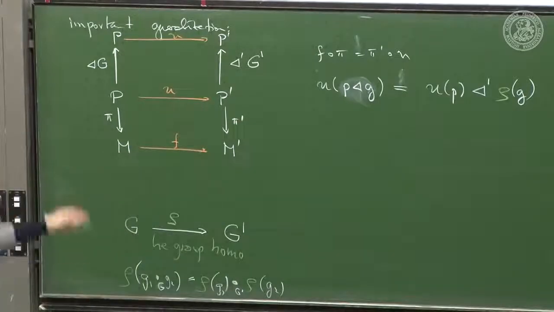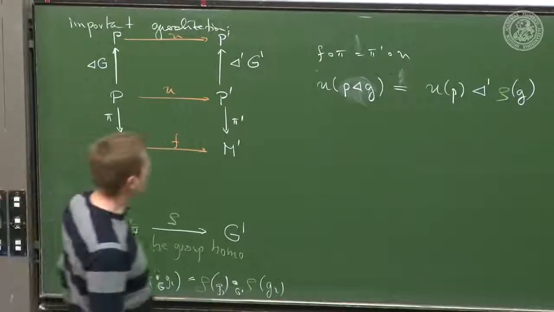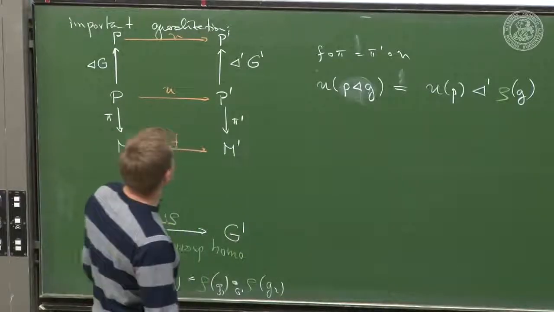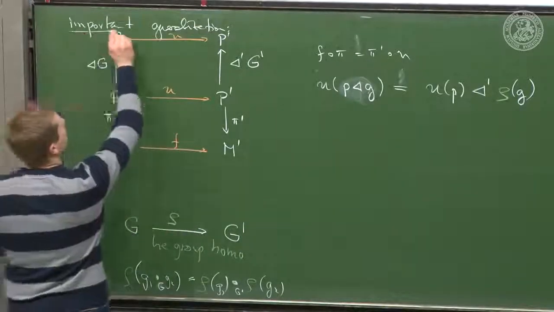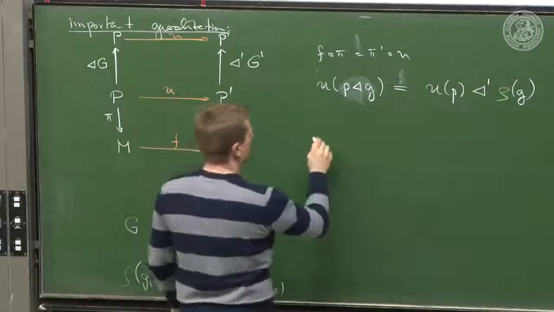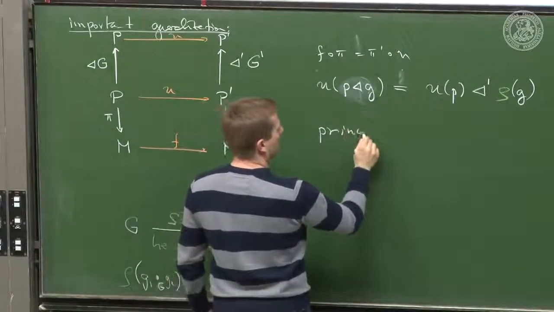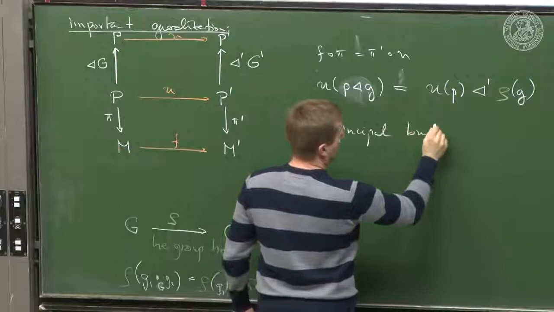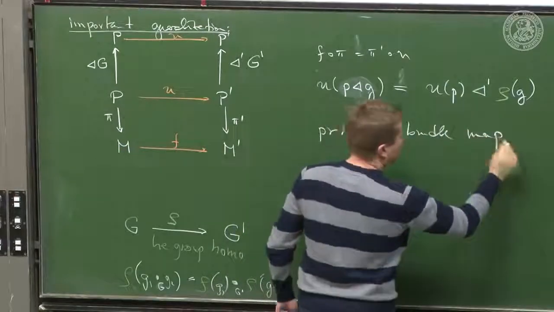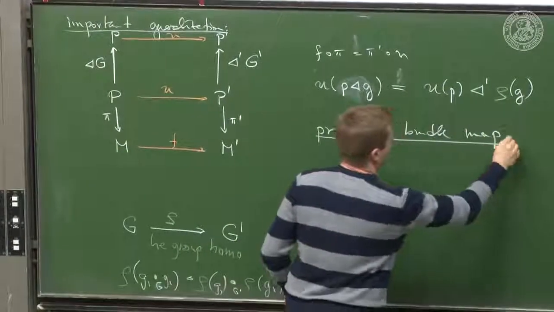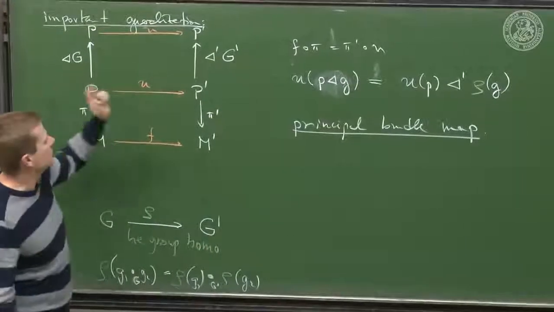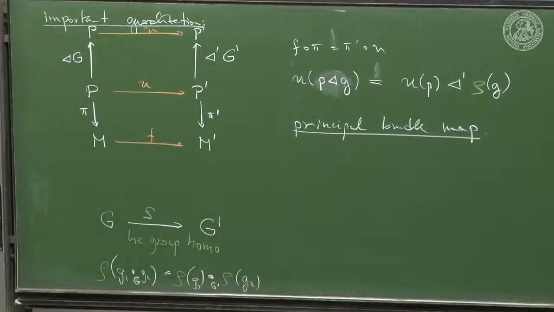It's totally obvious. Once you draw the diagrams, everything becomes child's play. Okay, so this is the important generalization. So this is then called a principal bundle map, like before, but now you take it very seriously that you can have two entirely different principal bundles.